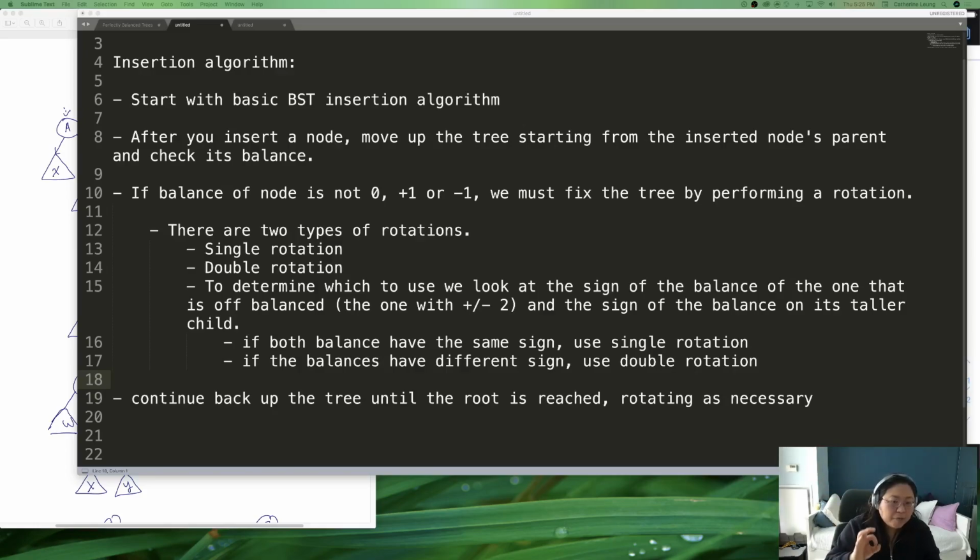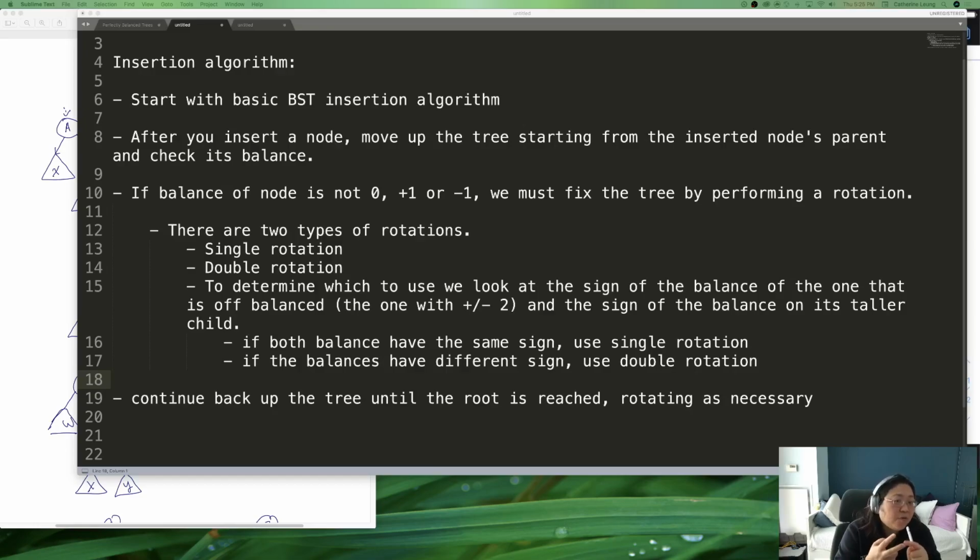Okay? Now, if at any point while you are checking these balances, you reach a node where the balance is not either 0, +1, or -1, it means that the tree at that point is not height balanced. That node is wrong. It's too tall on one side or the other. And so what you have to do is apply a rotation to fix it. Now, there are two general types of rotations, one called a single rotation and one called a double rotation.